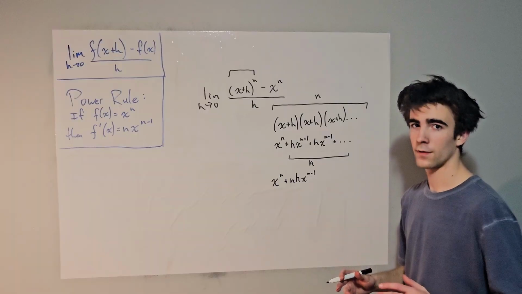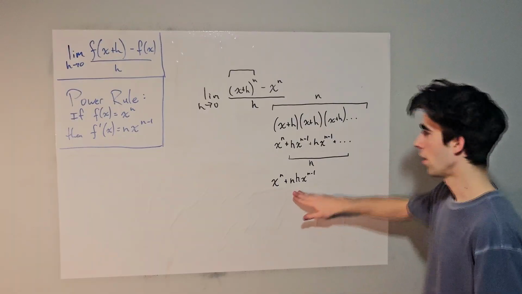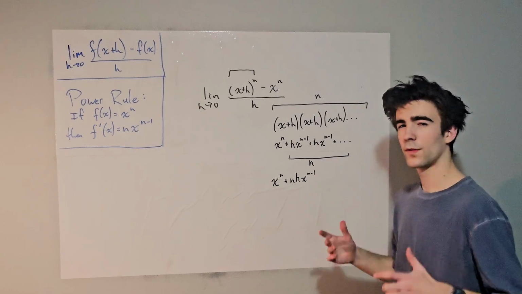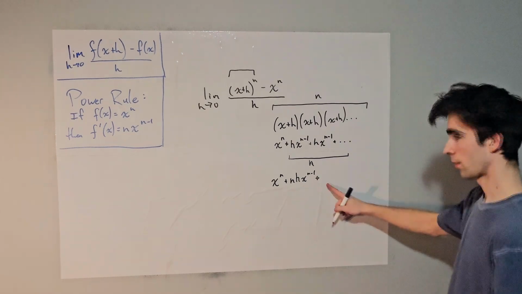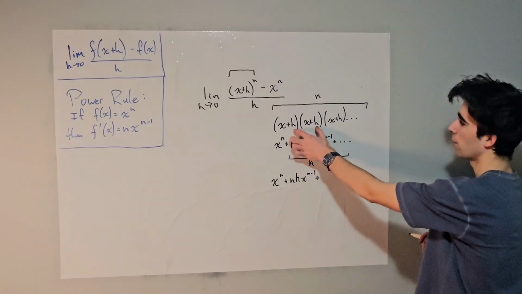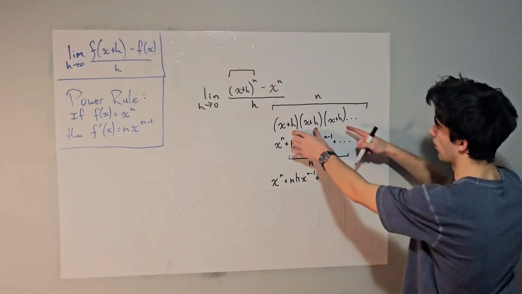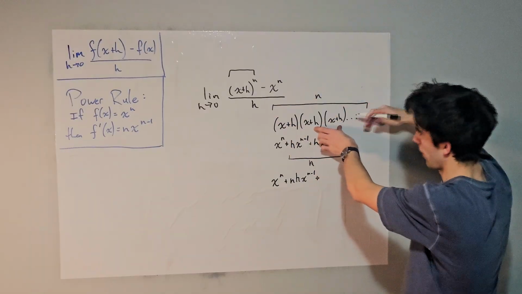But the good news is, we can get away with just leaving it mostly here. What do I mean by that? You'll see later, but what we have now is a bunch of terms with more than one h in them. Let's say, for example, we were to take these two h's and multiply them by the rest of the x's, and then maybe these two h's and multiply them by the rest of the x's.